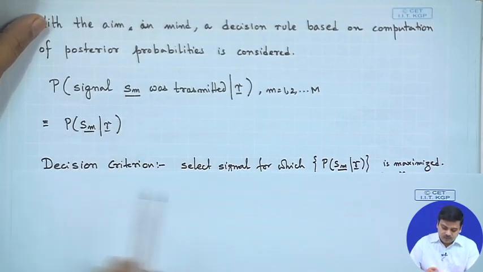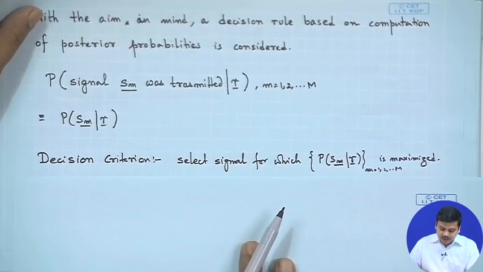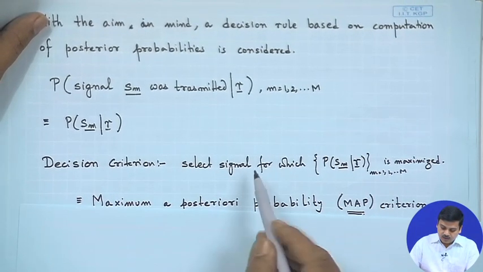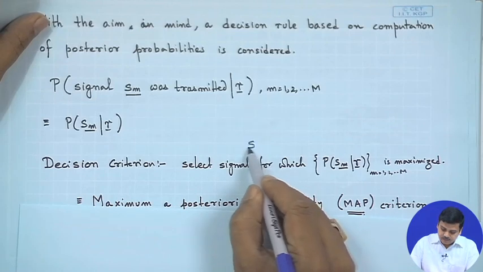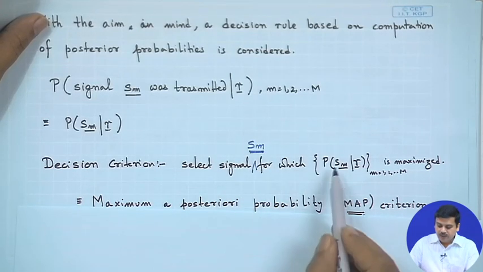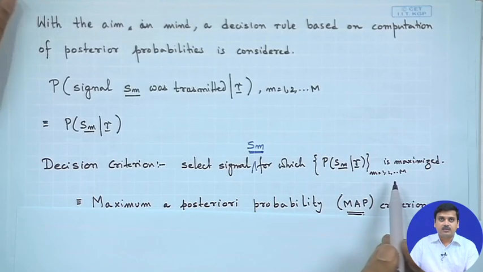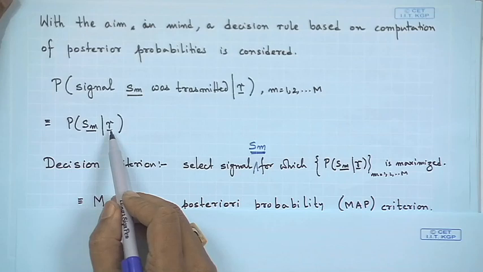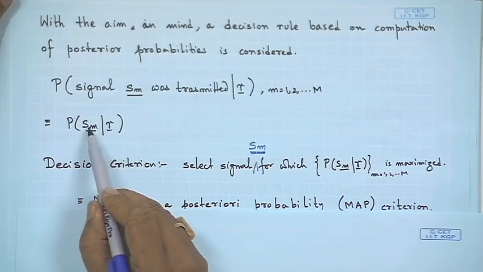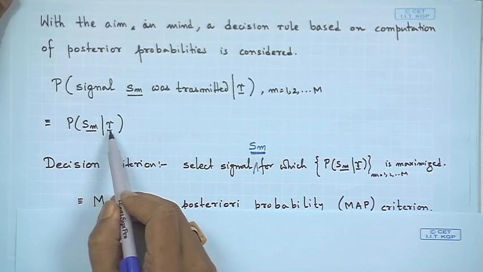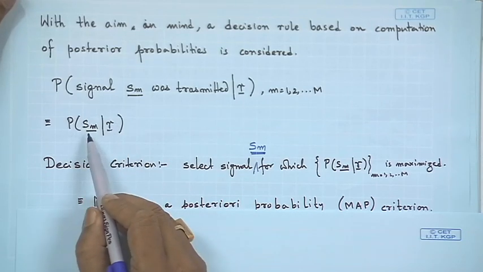This is the notation that we use, and the decision criterion is to select the signal S_m for which this probability is maximized. So what we are saying is, you have observed r, you have to calculate the probability of each of these signals given r. That is why we have these posterior probabilities.